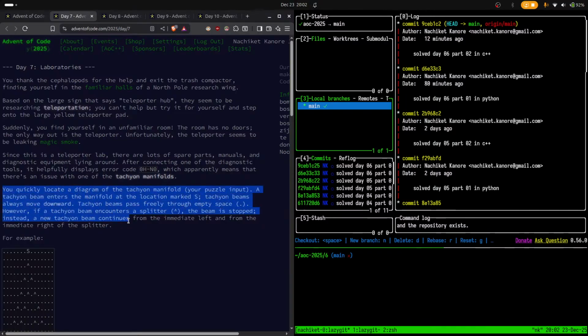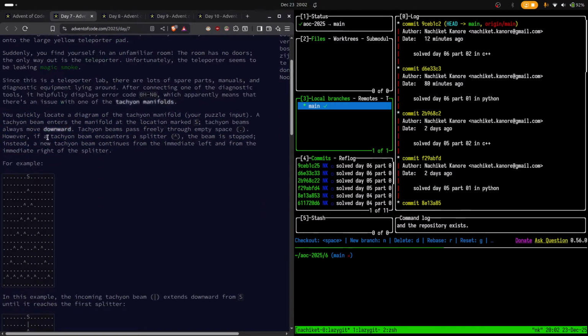Locate a diagram of an input. The beam enters the manifold at the location S and moves downwards, passing freely through empty space. When a beam encounters a splitter, the beam is stopped.